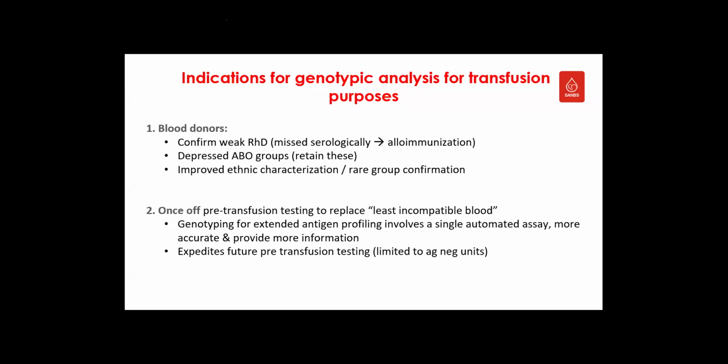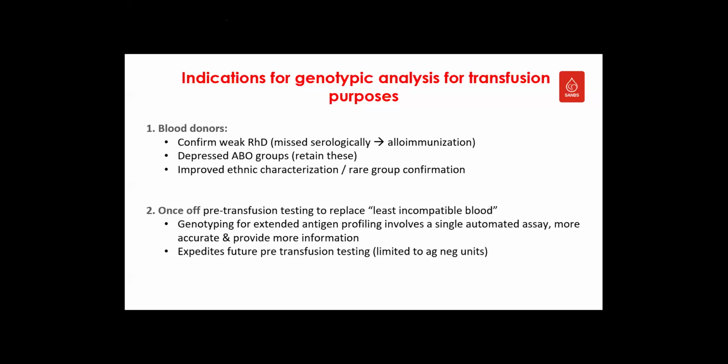We use it in very specific instances, for example, to confirm weak RHDs, which can be missed serologically and lead to alloimmunization. That would be one indication. Also, sometimes donors have depressed ABO groups. Again, you can't determine them serologically, but the genes are actually there, and you can determine the correct blood group of the donor and retain them in your donor profile.